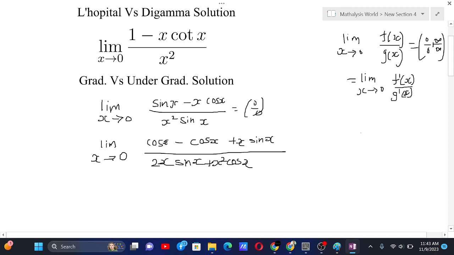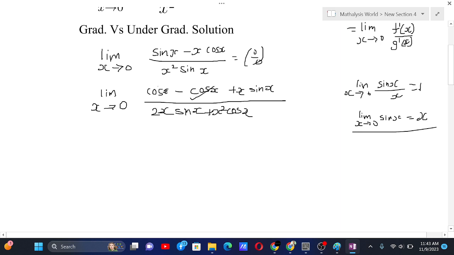Now we know that the limit as x tends to 0 of sine x by x is equal to 1. So using this limit, we can say sine x is just equal to x. Using this property, we change sine x to x, and we get the limit as x tends to 0 of x squared over 2x squared plus x squared cos x.